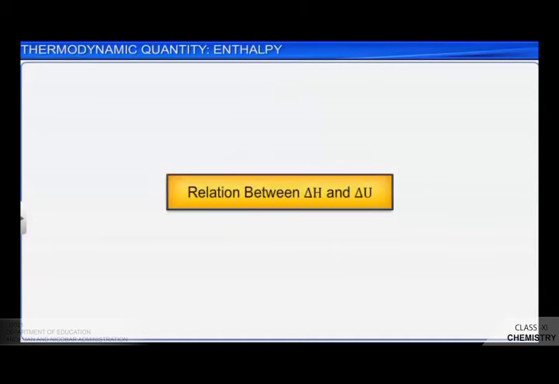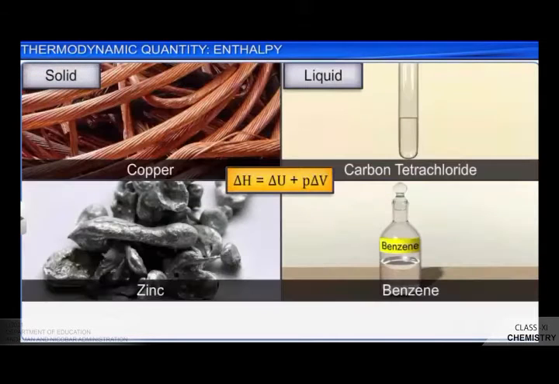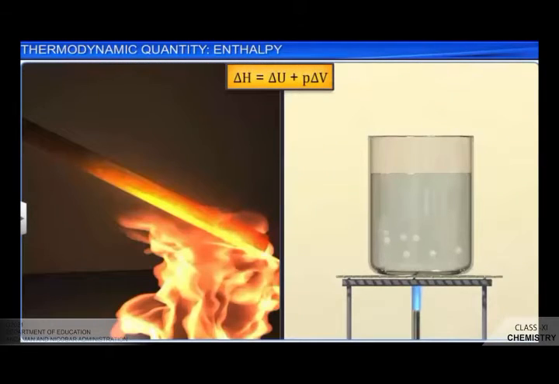Let's now look at the relation between delta H and delta U. When we deal with solids and liquids, the difference between the change in internal energy, delta U, and enthalpy, delta H, is not significant. This is because solids and liquids do not show significant change in volume when heated.